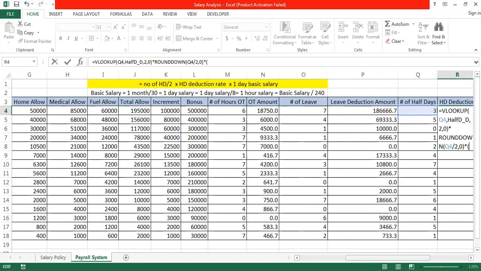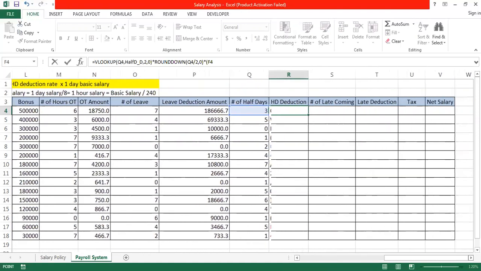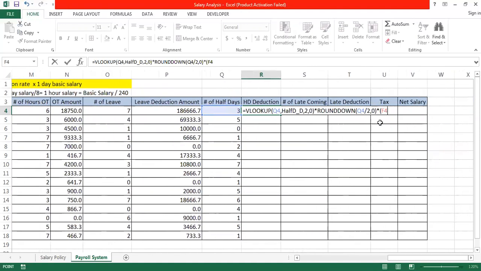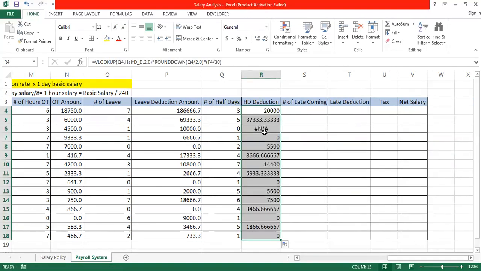So we have per day basic salary, that is the basic salary. Here we have our basic salary in the F4 cell. Basic salary divided by 30 will give you per day basic salary. You can see again on 0 we will have not applicable.